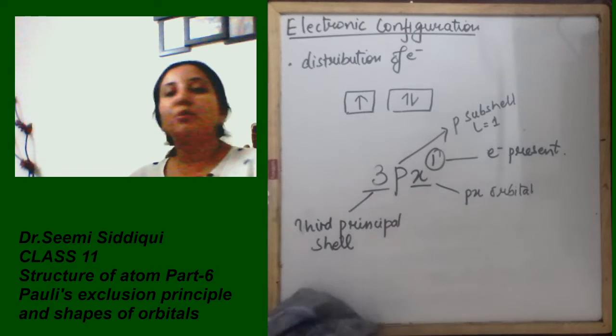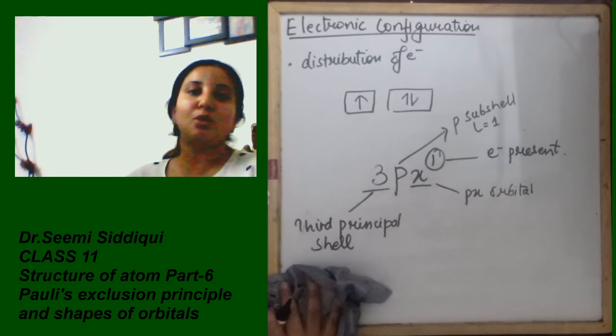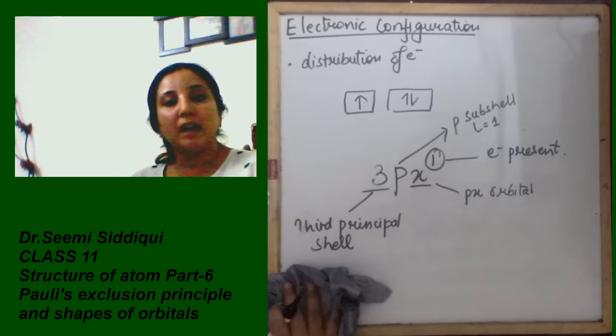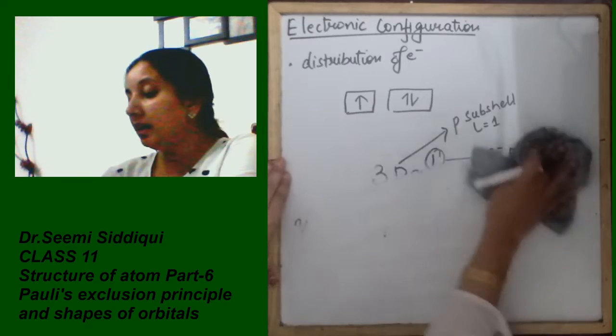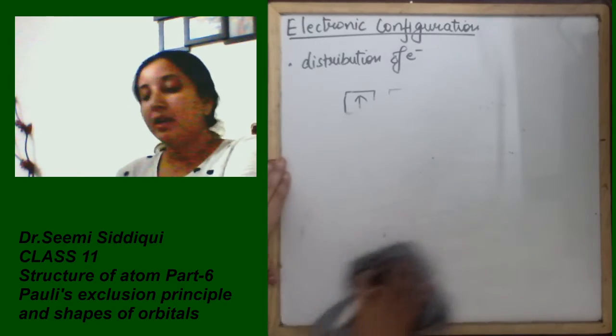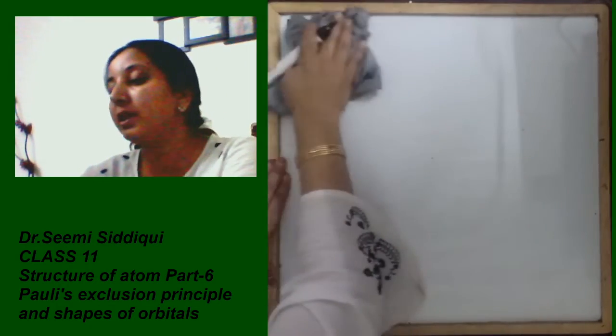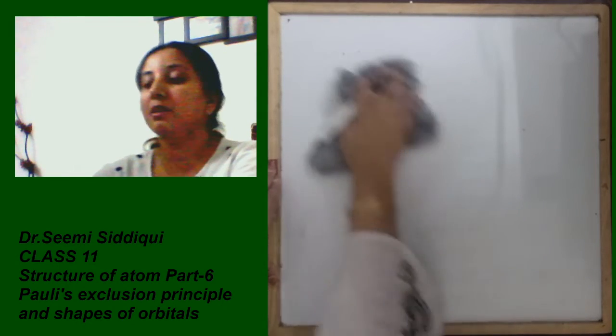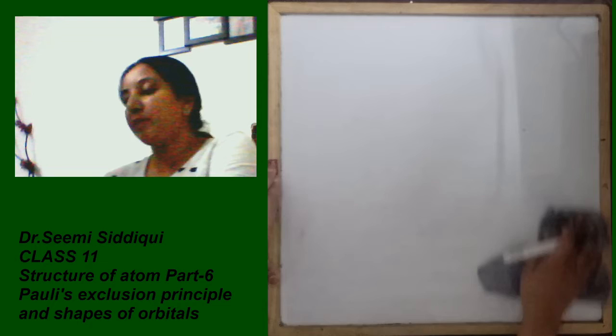Now, moving ahead with electronic configuration, we need to understand two more basic rules. The Pauli exclusion principle tells us that no two electrons can have the same quantum numbers.